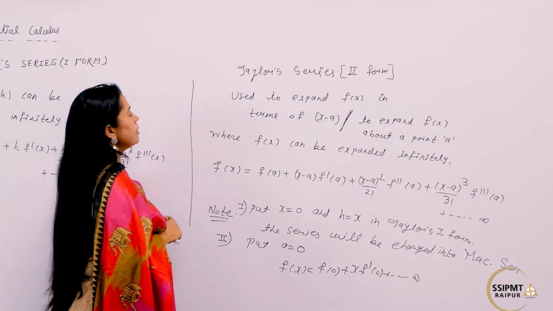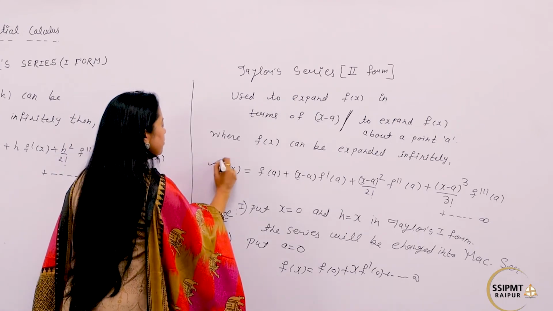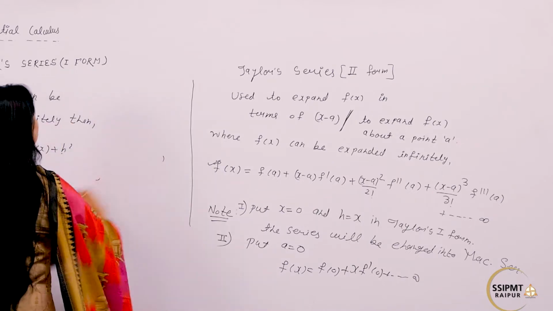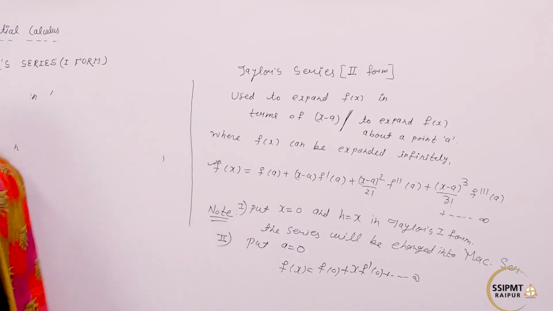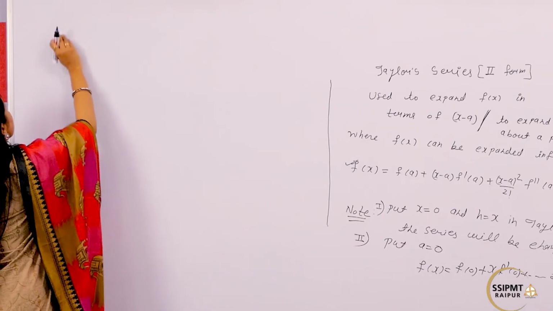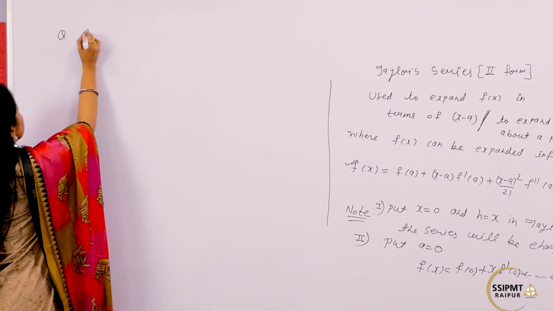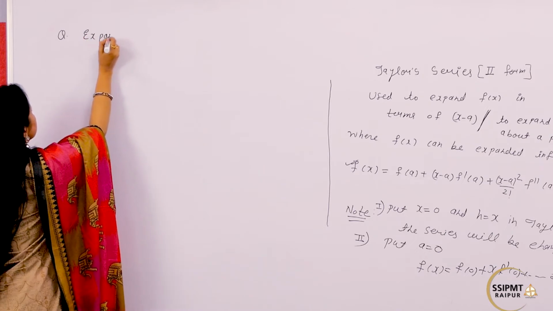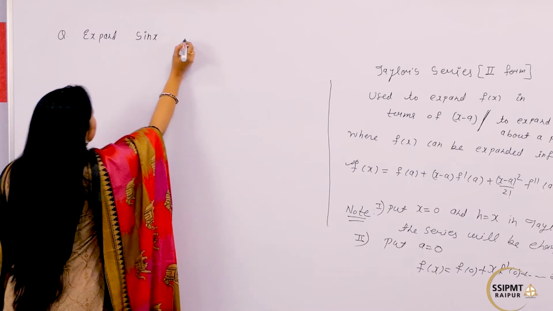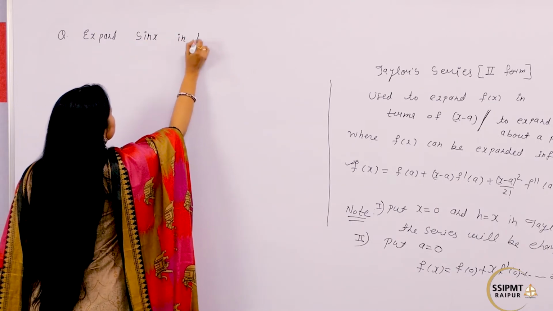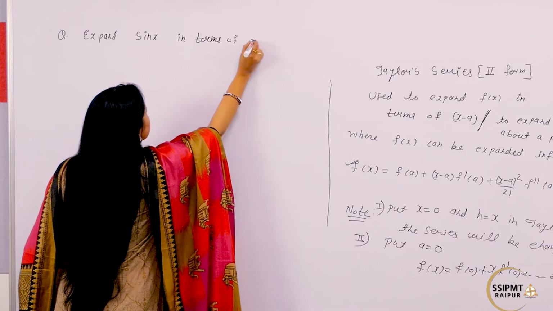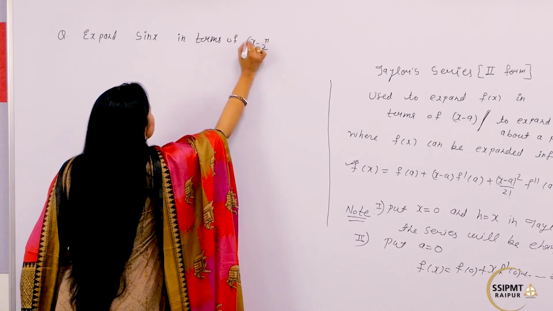So I am starting with Taylor series in second form. I am taking an example to show how Taylor series in second form works. I am taking an equation: expand sin x in terms of x minus pi by 2.